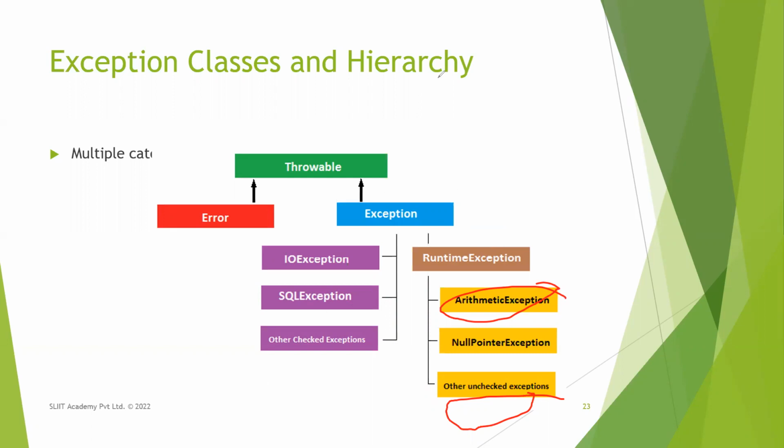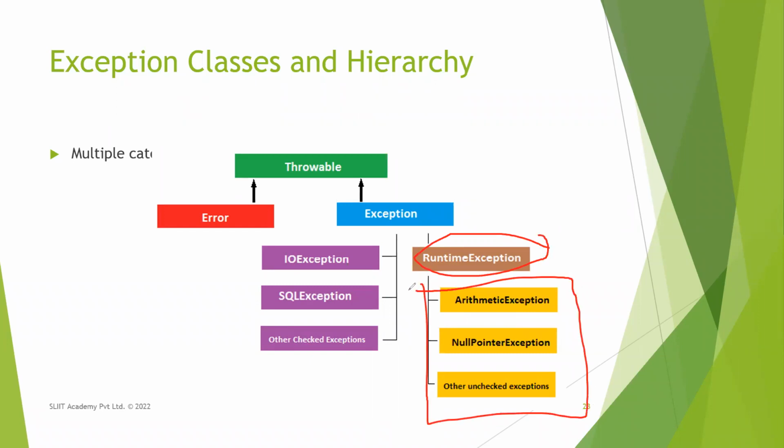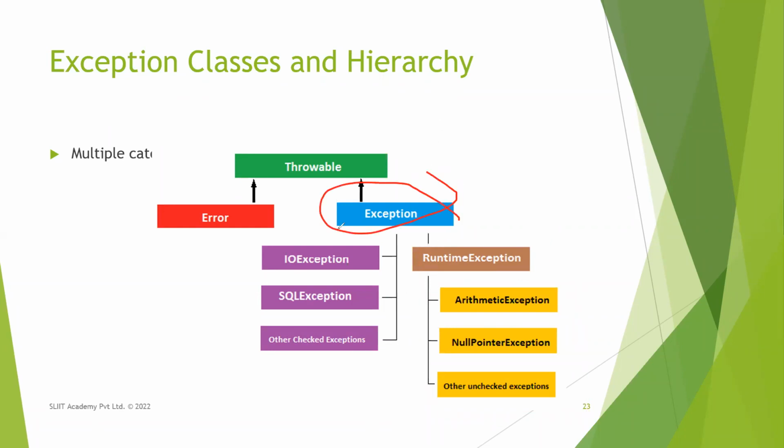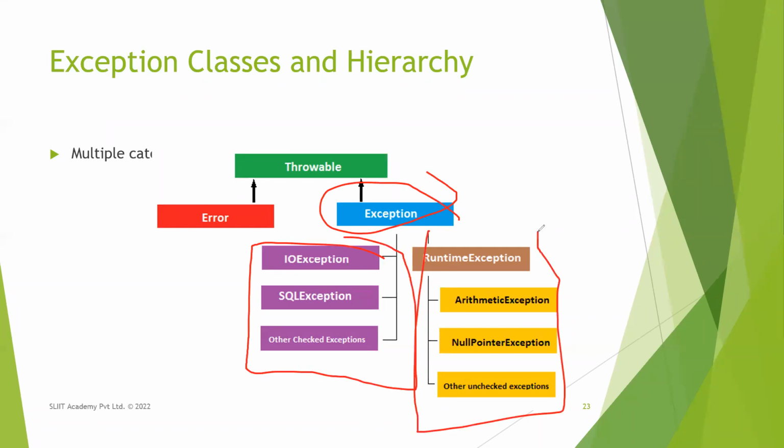You can catch them using the superclass. If you use the superclass called runtime exception and catch it, all the subclasses will be caught. If I use the exception class, including the SQL exception, it will catch the runtime ones, the IO errors, and checked exceptions.